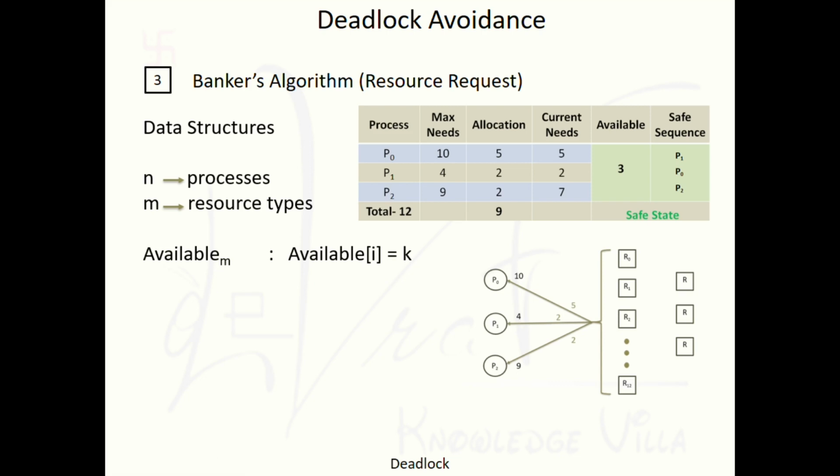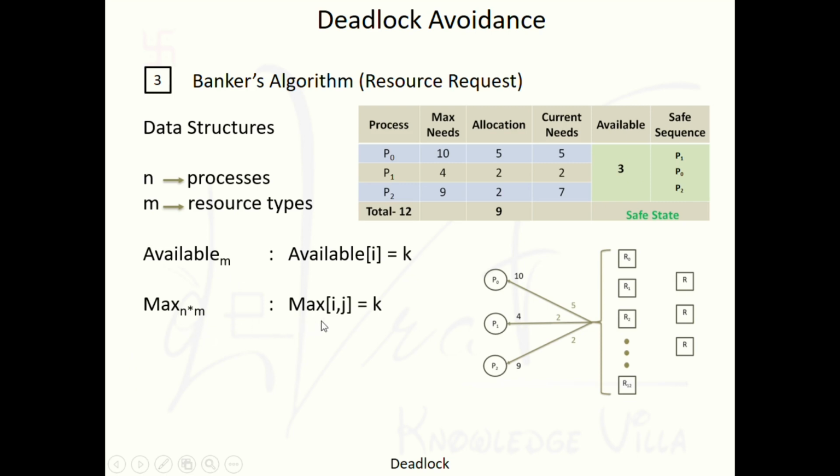Let's see here in the table, total 3 resources are available for the processes P0, P1 and P2. So we can say that for P0, P1 and P2 total 3 instances of resource type m are available. Let's see next.